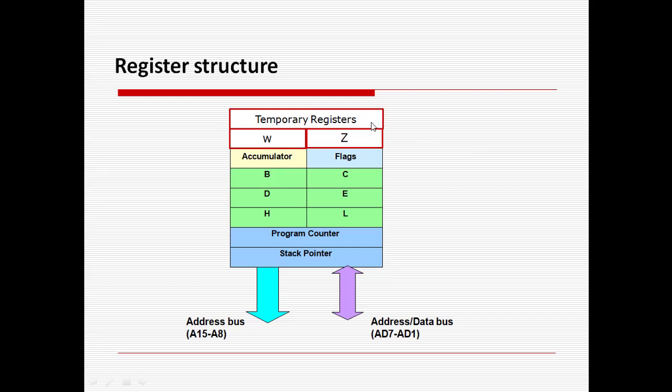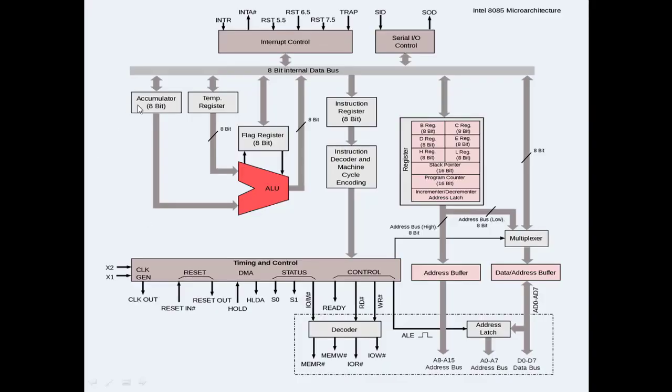The user cannot access the temporary registers, and also W and Z. W and Z are also temporary registers, which can be accessed during exchange instruction operations. So these three registers are called temporary registers, and the accumulator and flags are special purpose registers. What does special purpose mean? The accumulator is directly connected to the ALU.